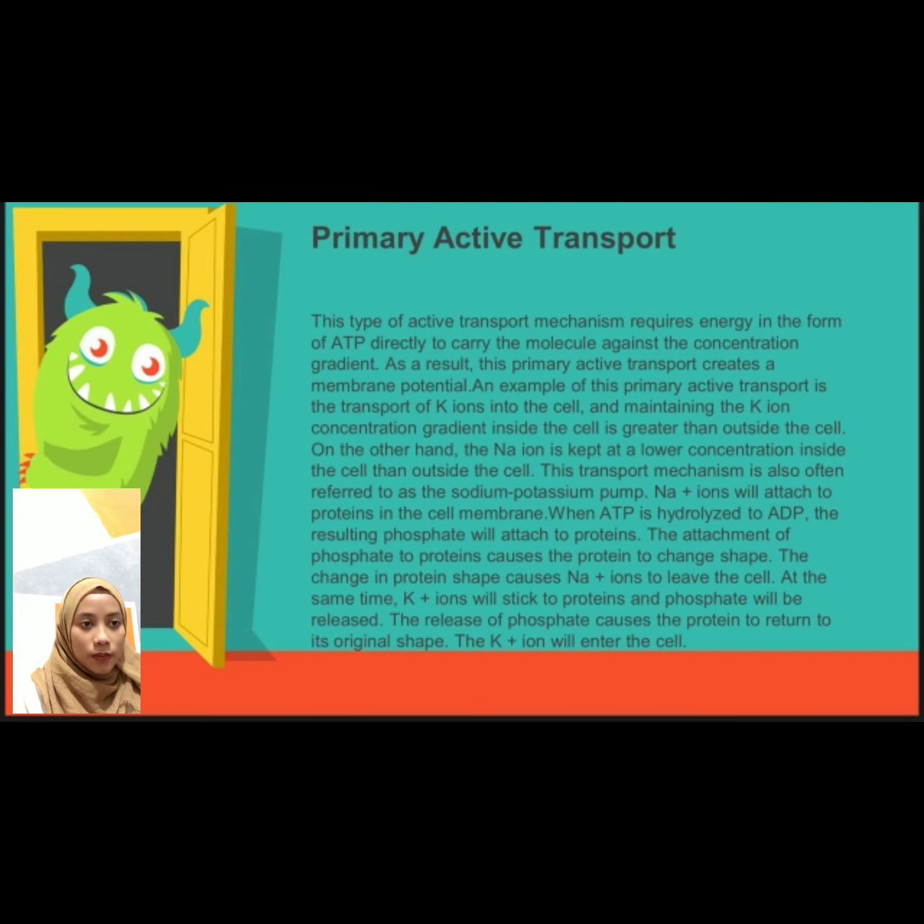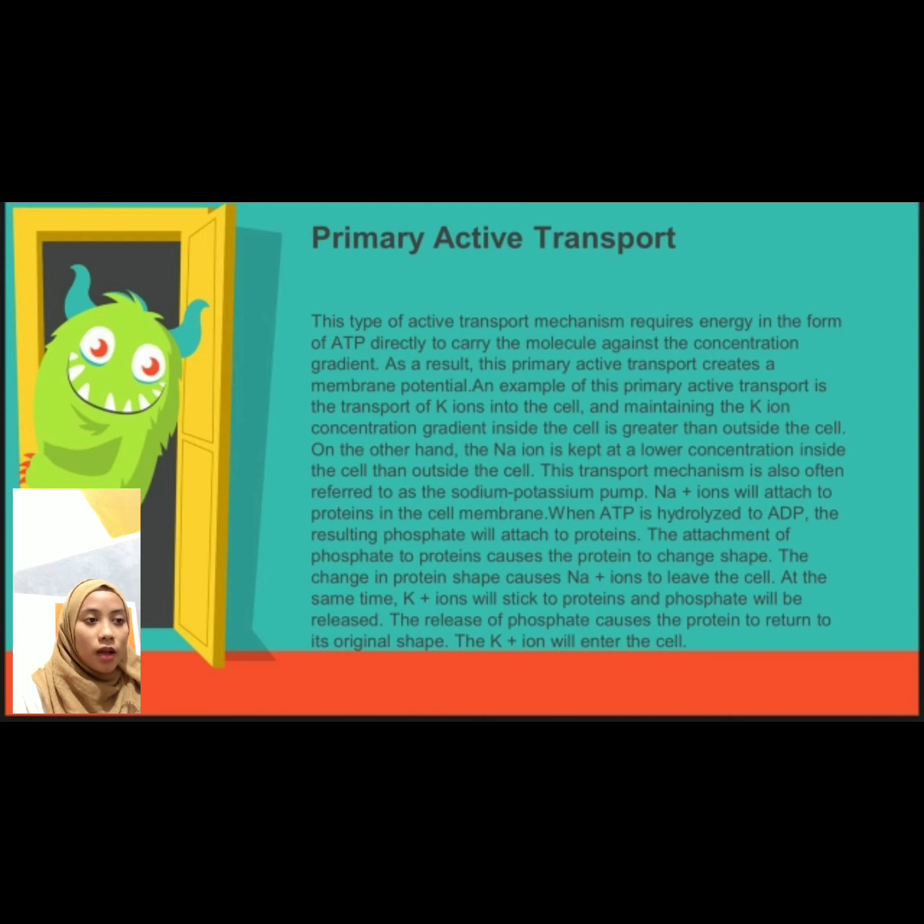Primary active transport. This active transport mechanism uses energy in the form of ATP directly to carry the molecule against the concentration gradient. As a result, this primary active transport creates a membrane potential.